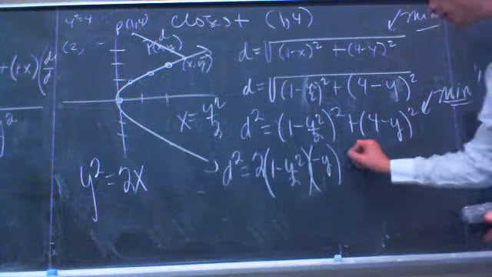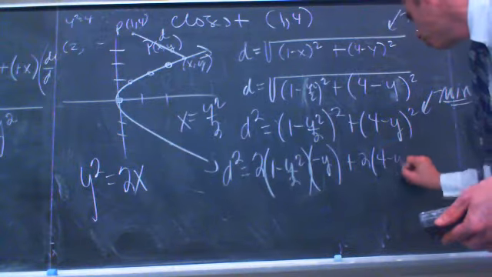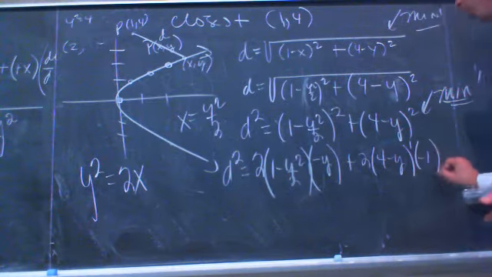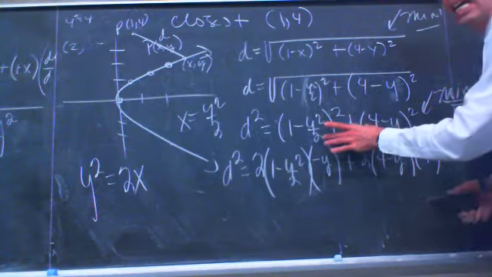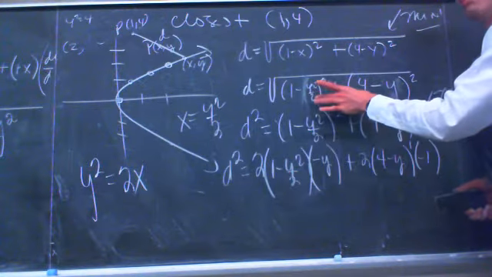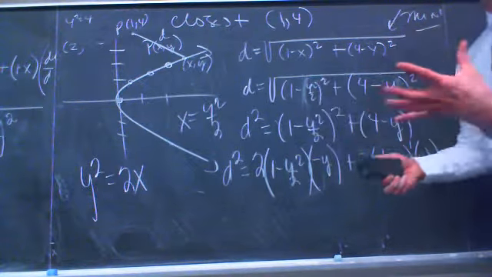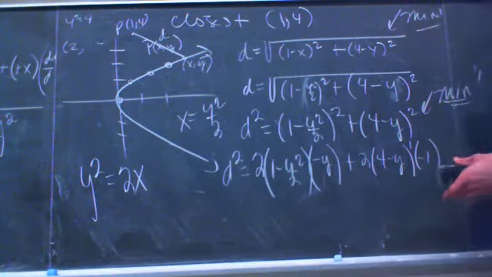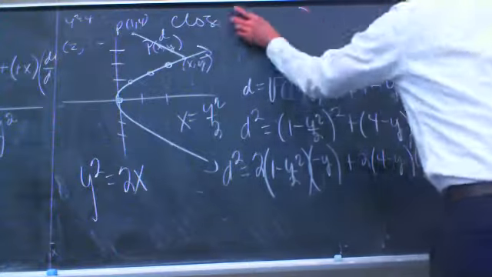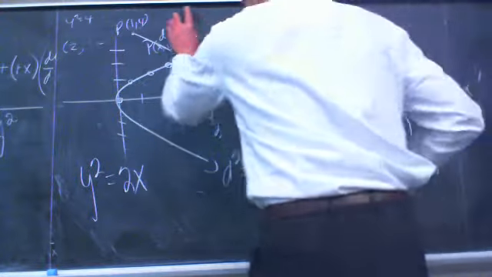Negative y over 2. Plus 2 times 4 minus y to the first times the derivative. This is where I have to be a little careful with my board space. Do you understand why I'm only focusing on the inside? Because when you minimize the inside, you are minimizing the square root. So why make things more complicated? Alright, I need some more room. That's the only hard part about things up here.